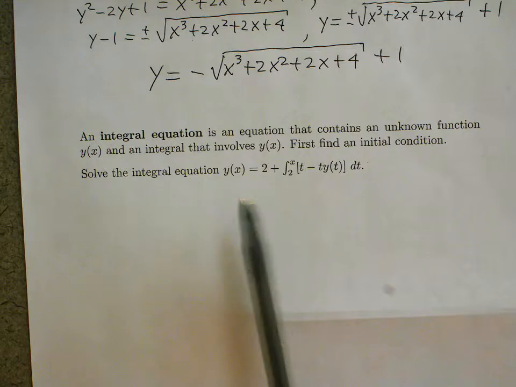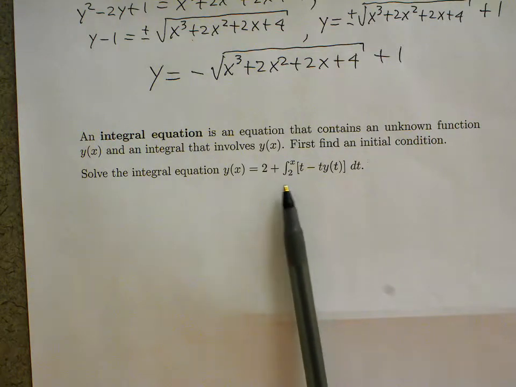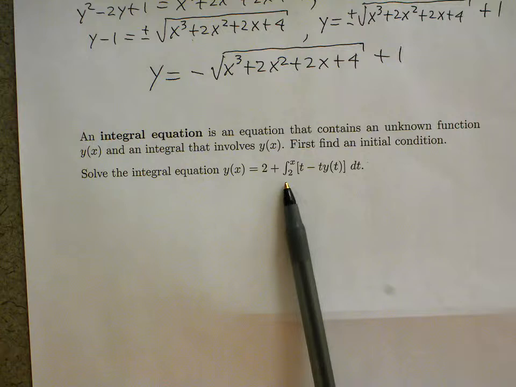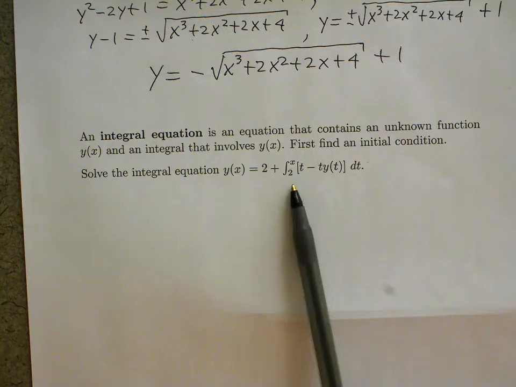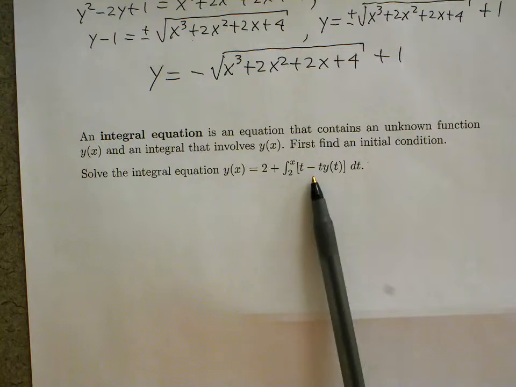Okay, so y of x is equal to 2 plus this function of x. It's the definite integral from 2 up to x. The integrand is t minus t times y of t dt.